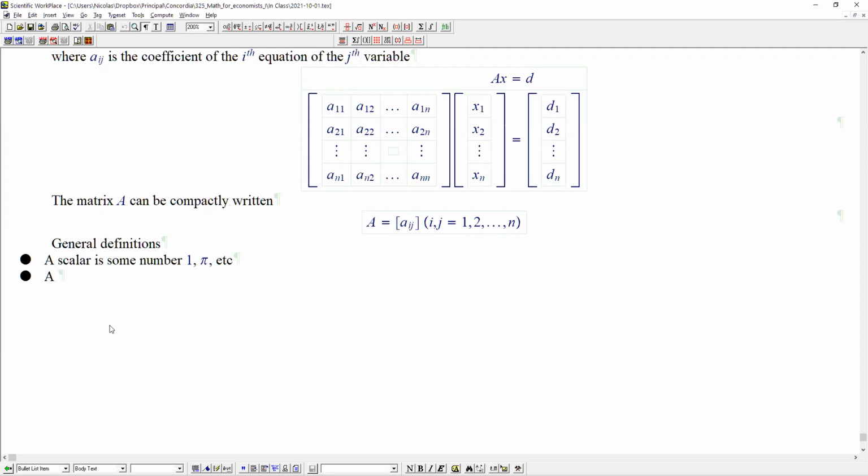Then a column vector is a matrix with a single column.